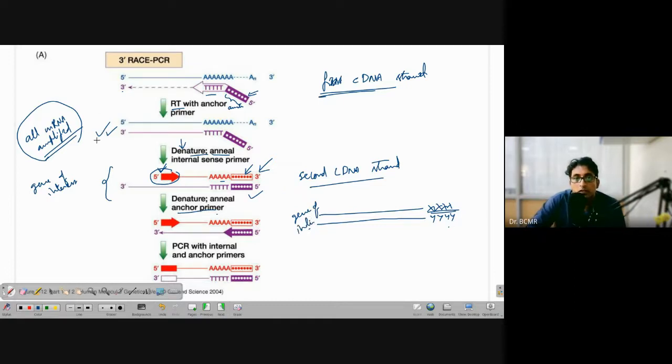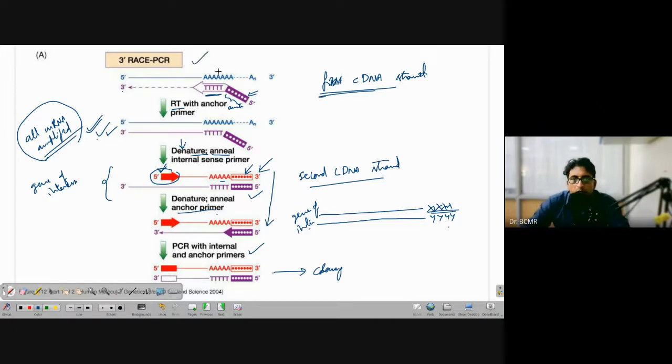When we used oligo dT, the first cDNA strand was synthesized for all the mRNAs. But from here on, only the gene of interest, the 3' side, will be amplified. So using PCR and internal primers, we can amplify it and then go for cloning. That is called 3' RACE.